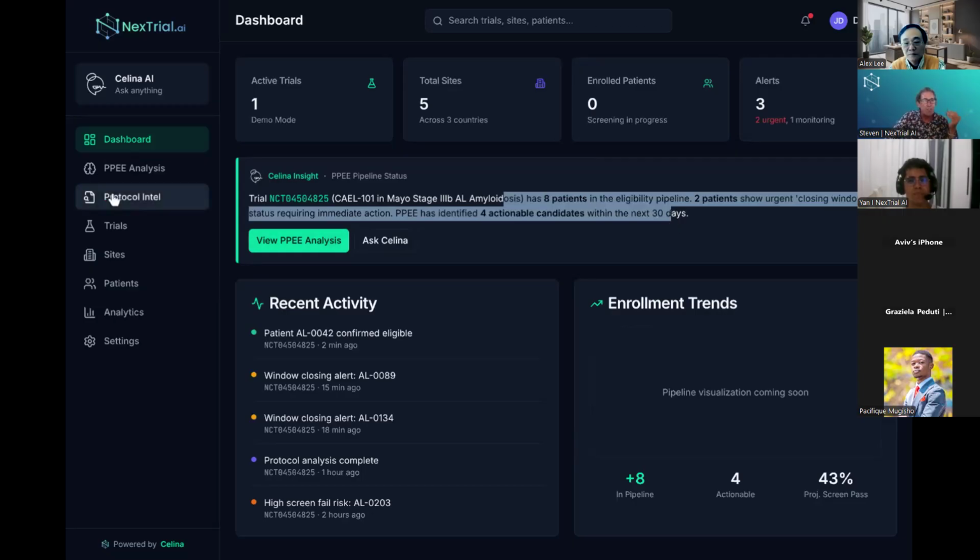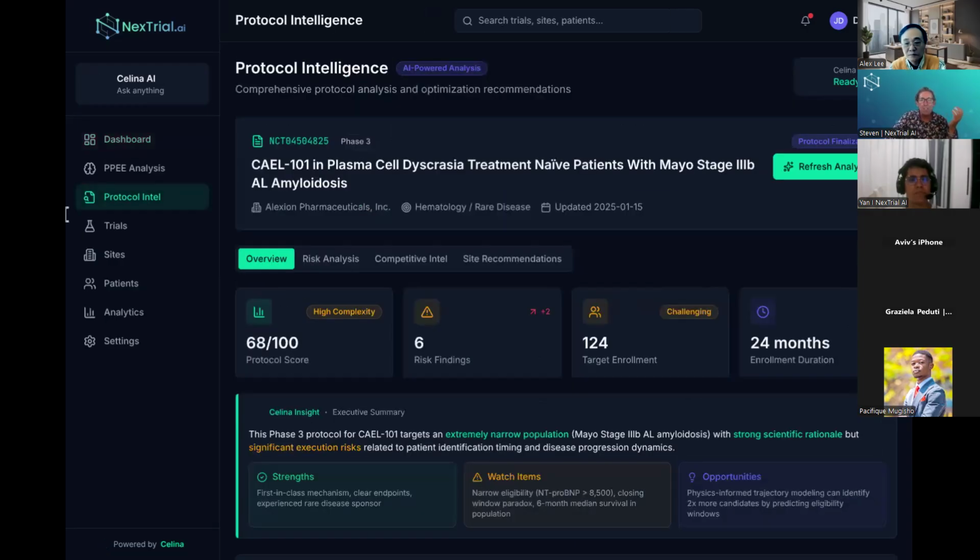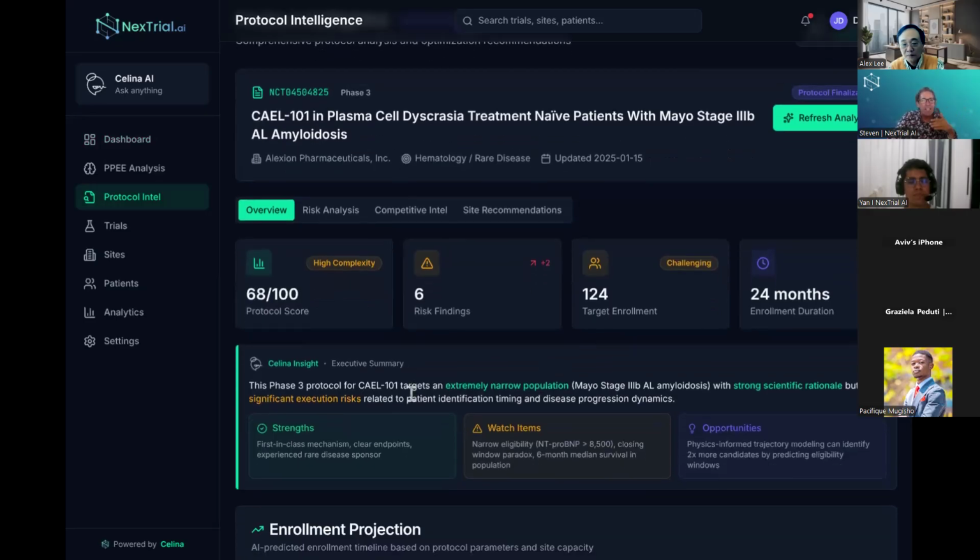Let me jump over here to the protocol intelligence. First, the engine digests and analyzes the full protocol, right? Protocol score 68 out of 100. This is a highly complex protocol, with a target enrollment of 124 over 24 months. Selena has already identified the critical risk: the trial requires NT-proBNP above 8,500 pg/mL, which is a cardiac biomarker threshold.